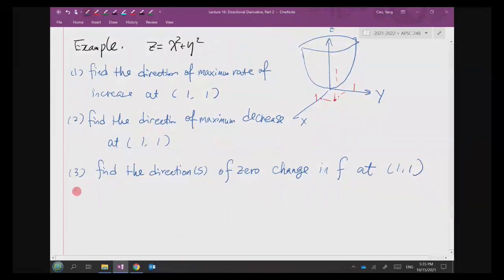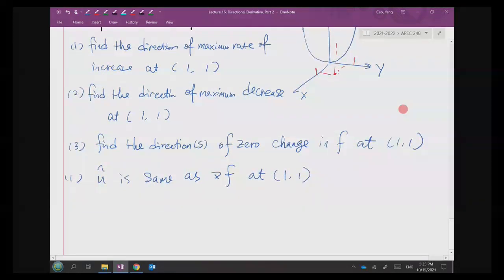Okay, so let's apply the three properties. For the first one, it wants the direction of maximum rate of increase at 1, 1. According to the property, that direction should be the same as del f at 1, 1.